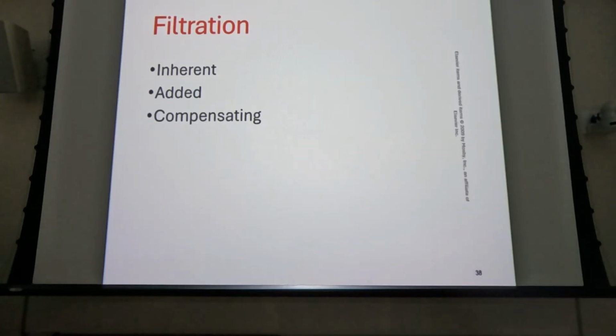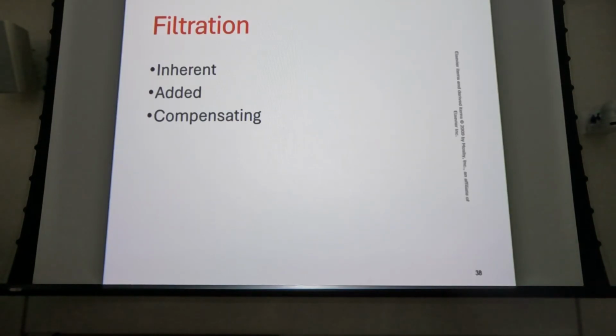Remembering also that inherent filtration increases over the life of the X-ray tube because of tanning of the tube. And added filtration will be anything that you add above all of that, right? So even though tanning is added filtration, it's inherent filtration because you can't remove it.